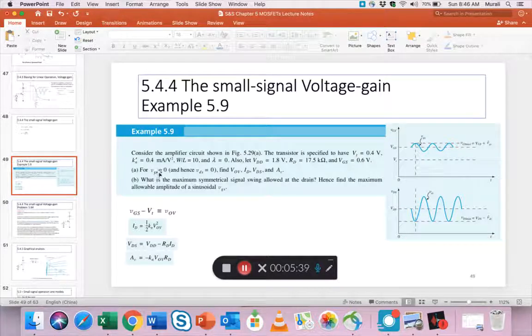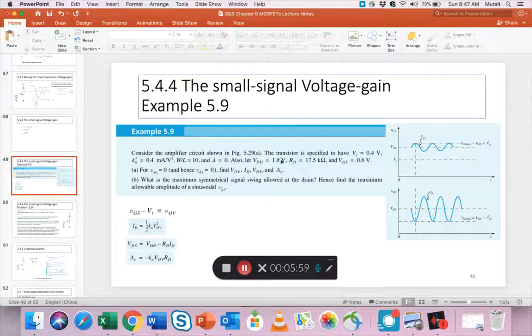Part A says, for VGS, that means the signal on the input side is 0, hence the signal on the output side is 0. So all he wants us to find is the overdrive voltage, ID, VDS and AV.